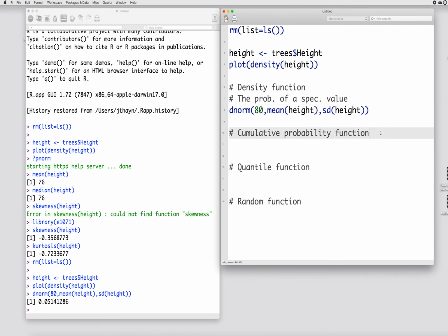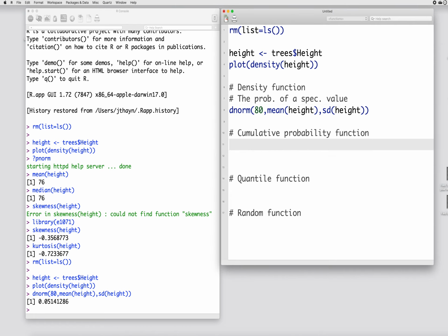Okay, the cumulative probability function is related to that, but this is the probability of a specific value or less. So this is the key here, the part "or less." So what that looks like, I'm not just interested in this value alone, I'm interested in all possible trees that are shorter than that height.